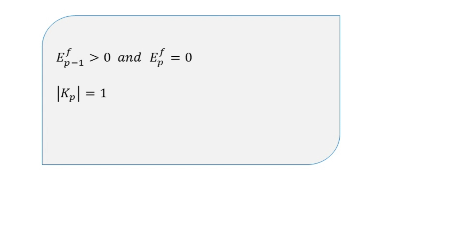Now the specific case of a pure sinusoidal random process can be denoted with the mathematical expression x(n) equal to the summation k equal to 1 to M of alpha_k times e to the power j(n omega_k plus theta_k).